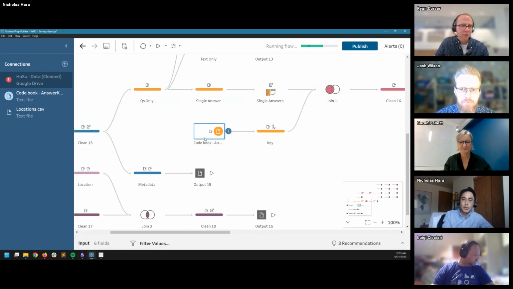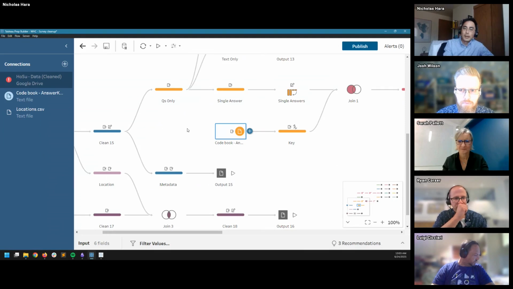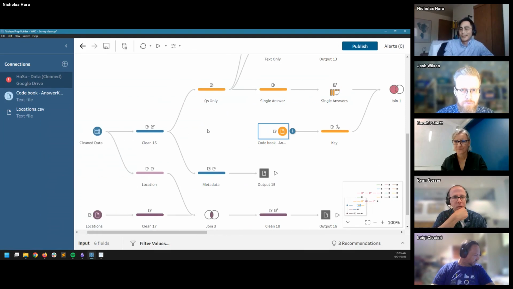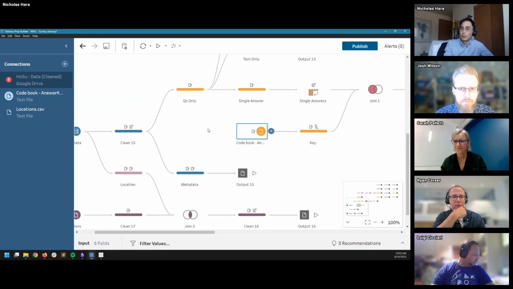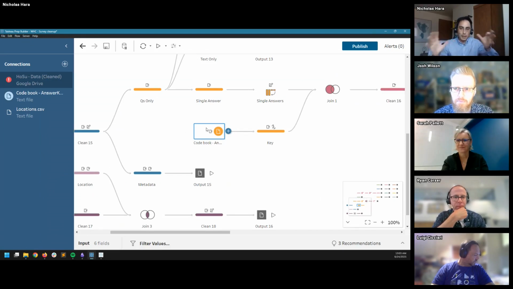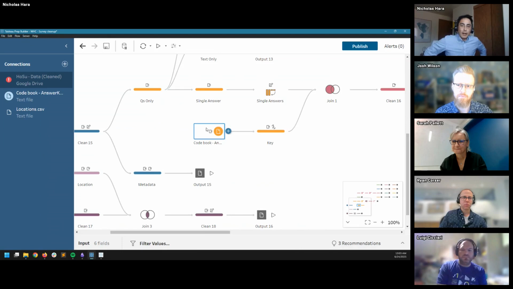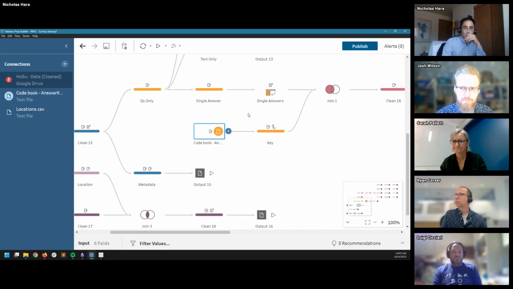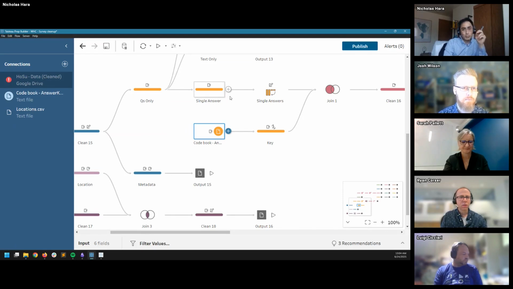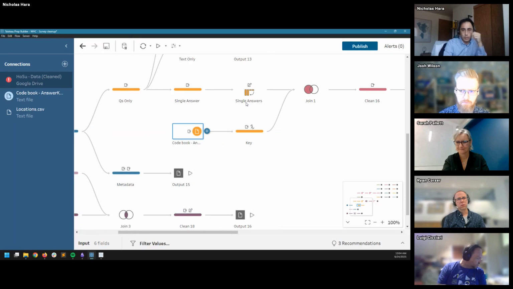Yeah. So here, there's a lot of stuff that I did. I probably could have done this a lot better. I was also moving kind of quickly, so I just want to make that note. But what happened is I separated out the questions. In particular, I'm looking at single answer questions, just select one. And then I pivoted all of those down into one giant column.